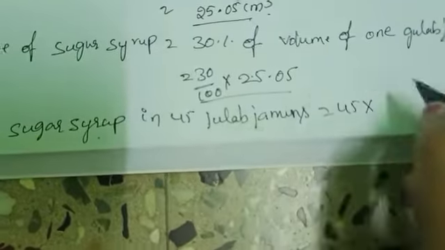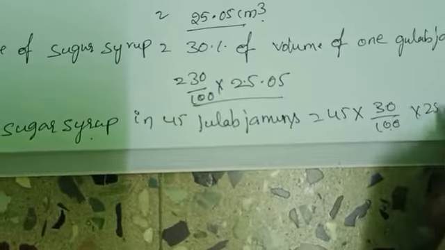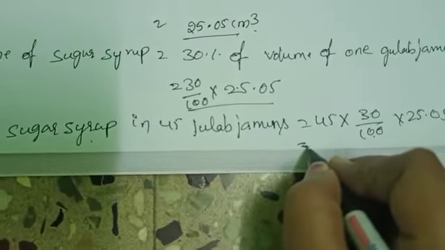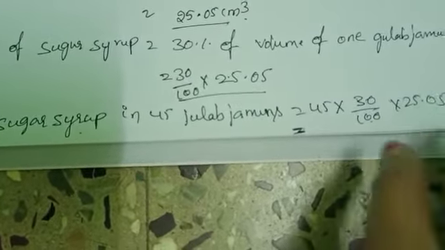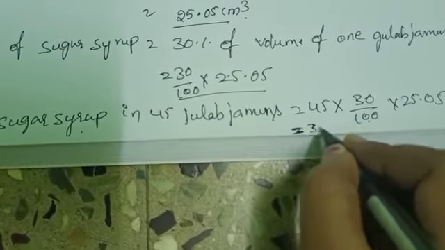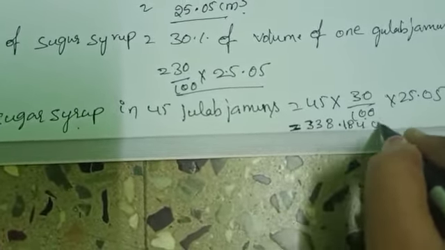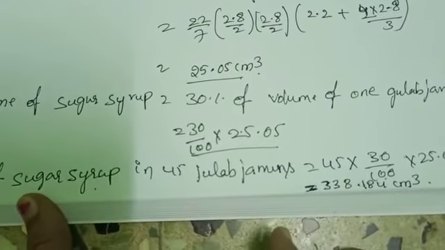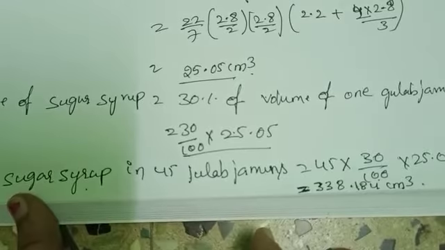It is 45 into 30 by 100 into 25.05. Calculate this value and we get 338.184 centimeter cube. Therefore, the volume of sugar syrup in 45 gulab jamuns is 338.184 centimeter cube.